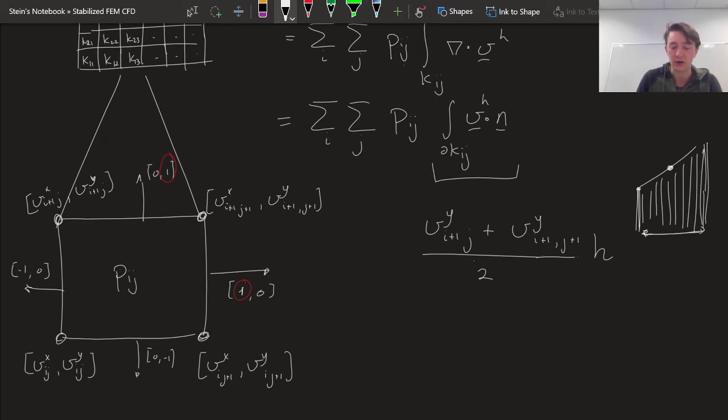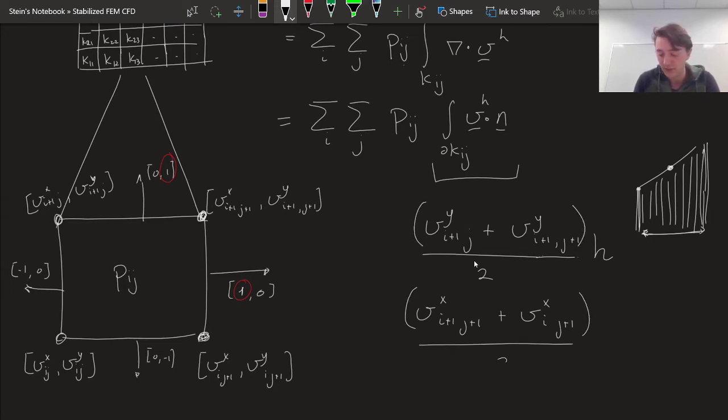Again, I have a linear interpolation from the x on the top node to the one on the bottom node, and from the trapezoidal rule, I can also say that the integration gives me the center value multiplied by the width, which is Vx i plus 1 j plus 1 plus Vx i j plus 1, those are the top and bottom values respectively, divided by 2 multiplied by h.